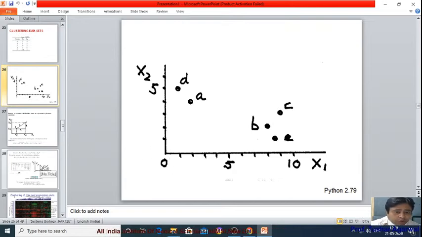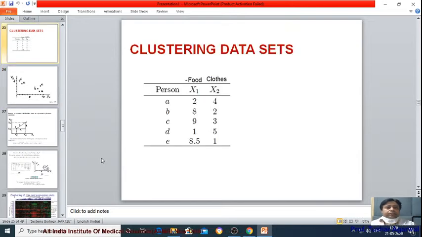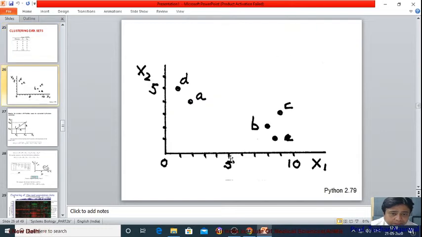Now if I go back to the previous slide, this is the one I was talking about: A spends 2 rupees on x1, 4 rupees on x2, B spends this much, C, D and E. And the question is whose spending patterns are similar.